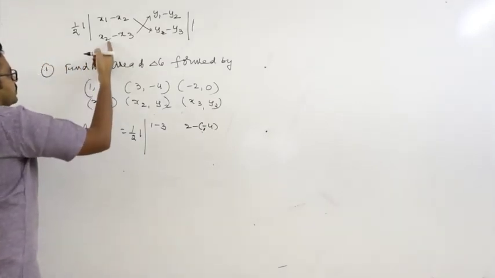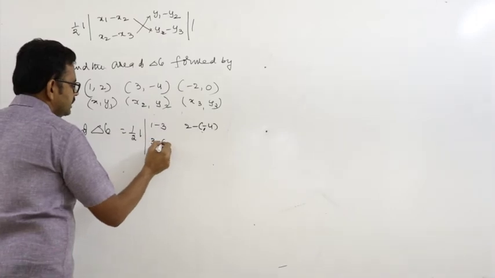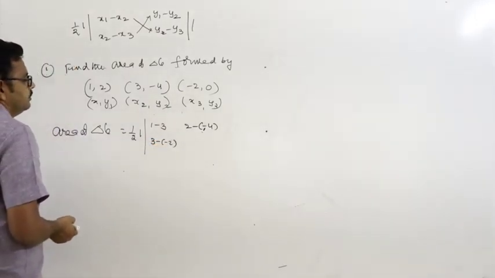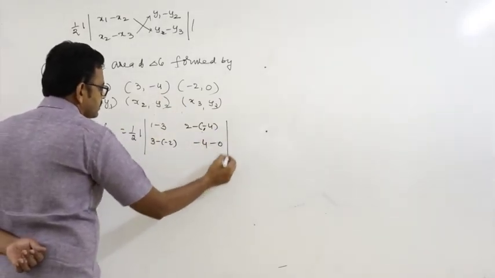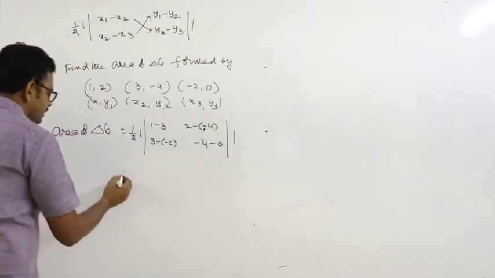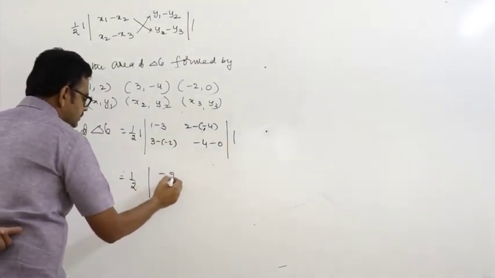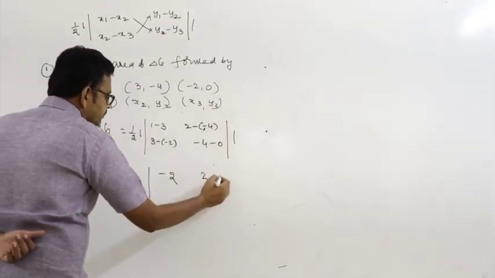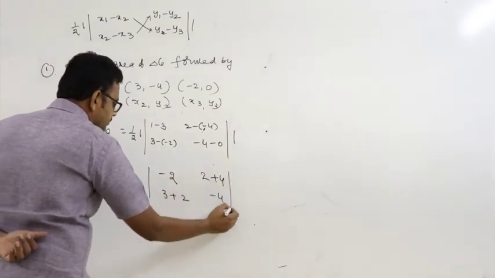Next to x2 minus x3, 3 minus of minus 2. Next to y2 minus y3, y2 is minus 4, minus 0. That equals minus 2, 6, 5, minus 4.